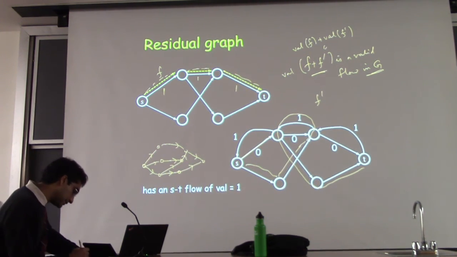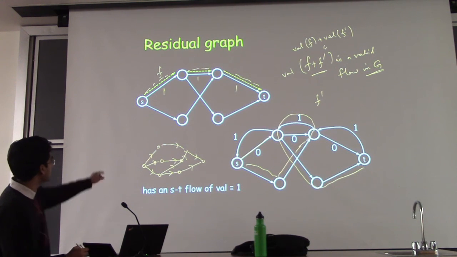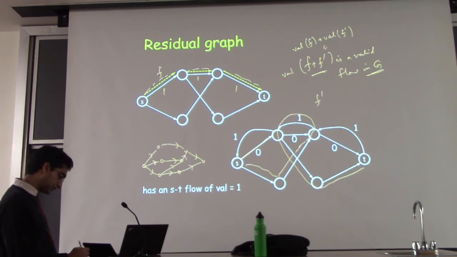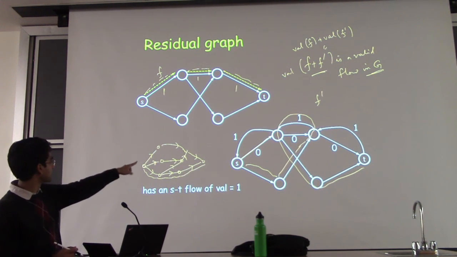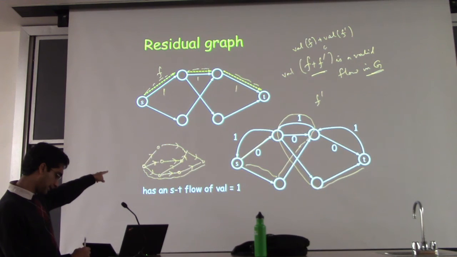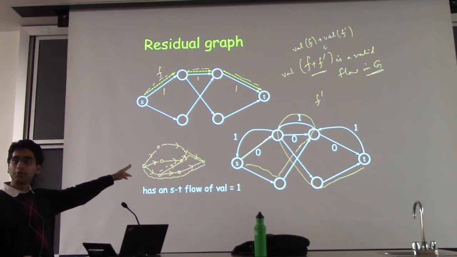Initially, let's say you had some flow. Actually, maybe I should draw the residual. Okay, suppose the original flow was something like this. It was here, and it also had a little bit of flow which went like this. So I'm drawing this example.